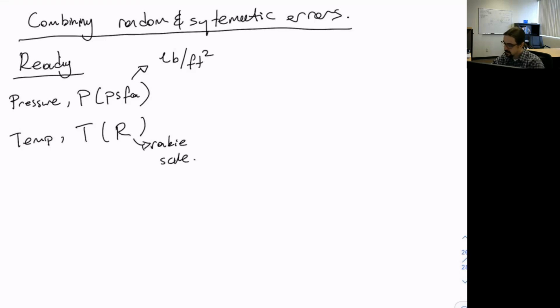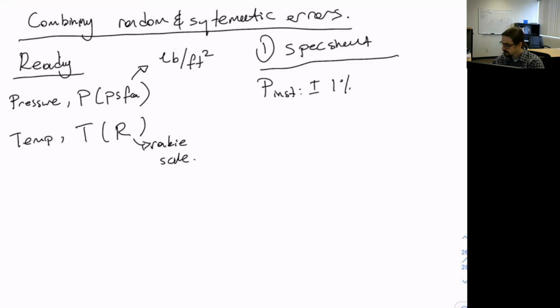When I look at my spec sheet first, to figure out what my design stage uncertainty is, the P instrument error is plus minus 1% of the reading, whatever that actual reading of pressure is, and that's at 95 percentile.